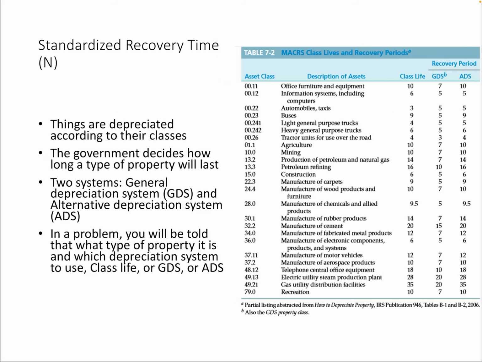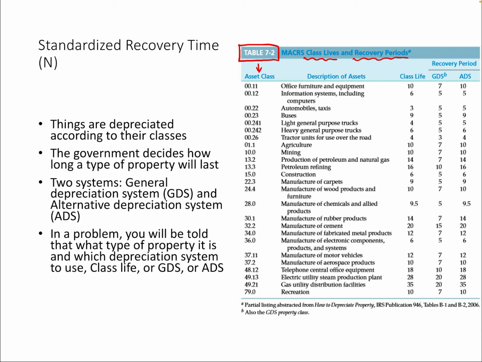Okay, and let me see if I have an example of table 7-2. So here is the table, and it's called standardized recovery time related to the MACRS class lives and recovery period. In this table, you will see several columns. The first column is the asset class.